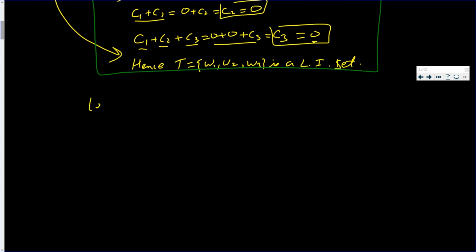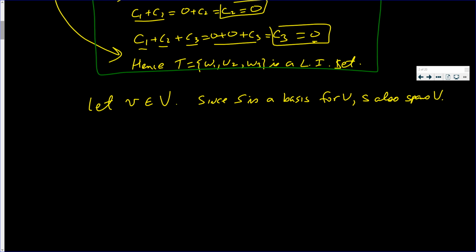Okay, so let V be a member of the vector space V. Since S is a basis for V, S also spans V. That is, there exist C1, C2, and C3 such that V is equal to C1 V1 plus C2 V2 plus C3 V3.